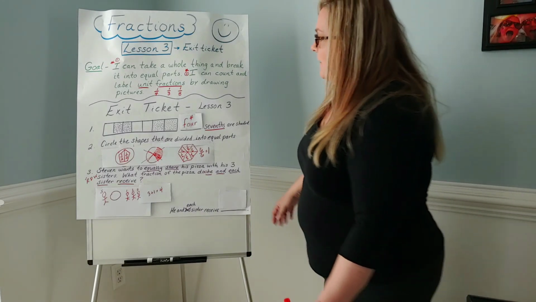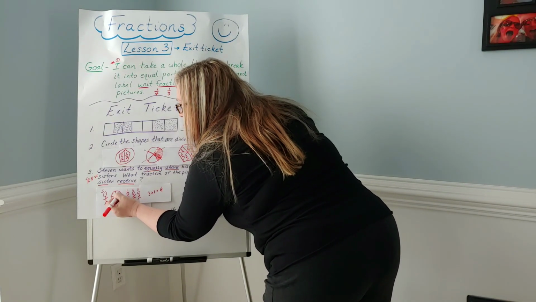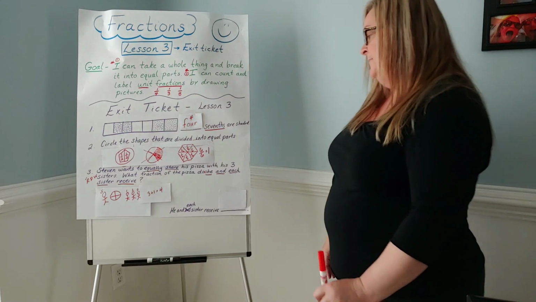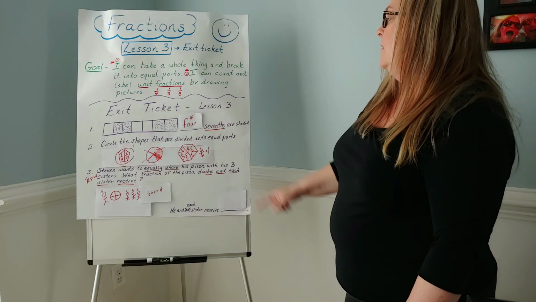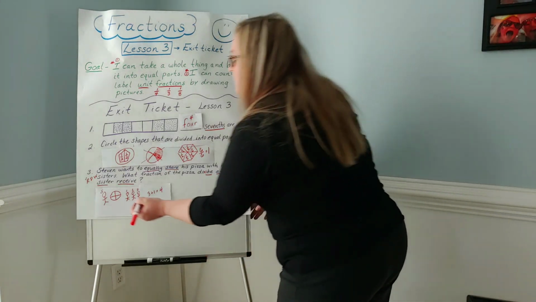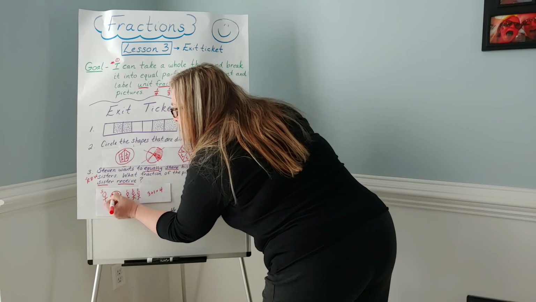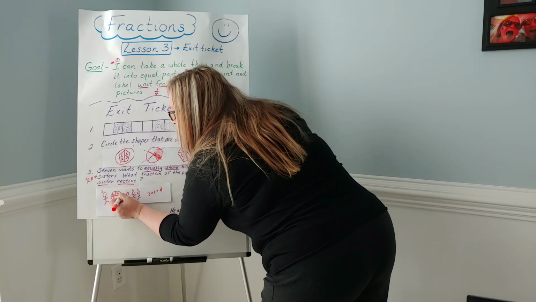So there's a circle there. Best way to cut a circle into equal parts is kind of just to go like that. And then we want to go ahead and label that. So how many total parts do we have? 4, and this would be 1 of the 4. So we'd say 1/4, 1/4, 1/4.